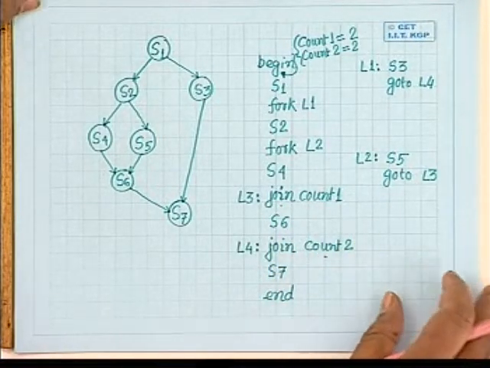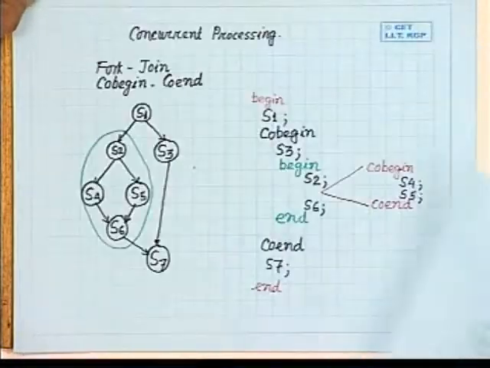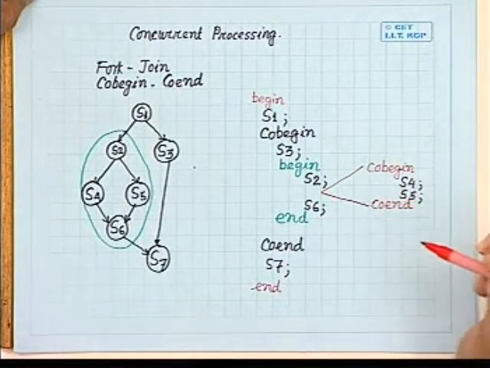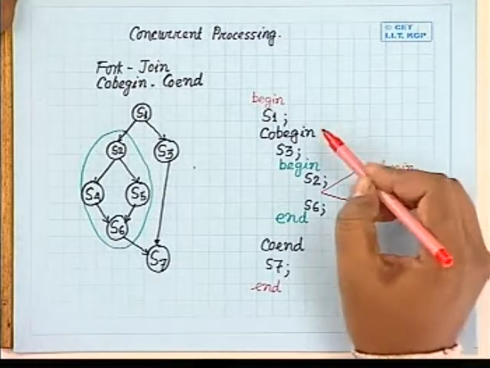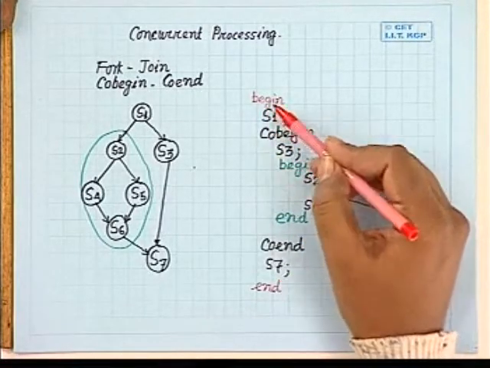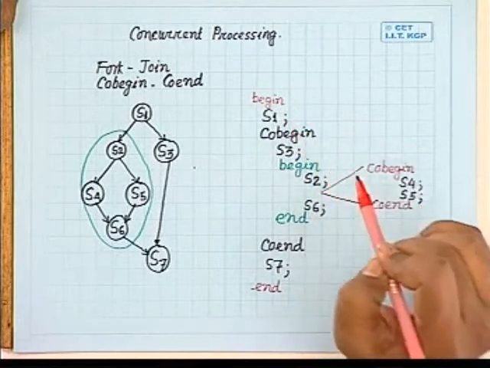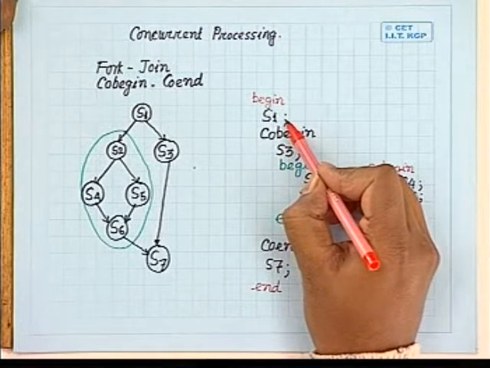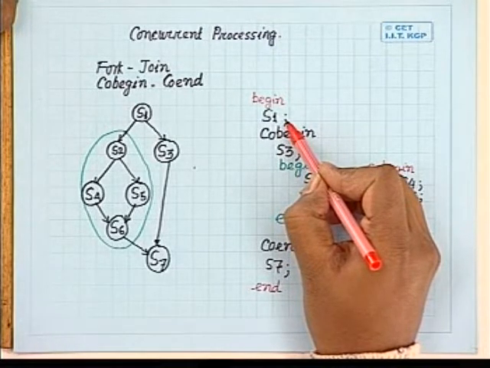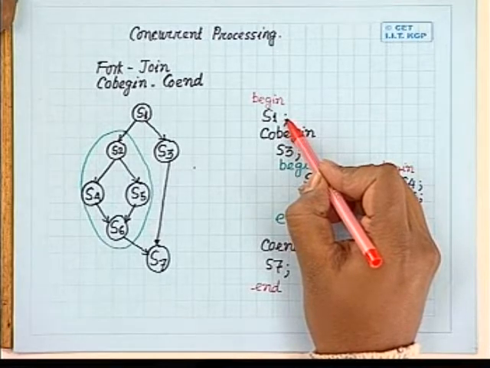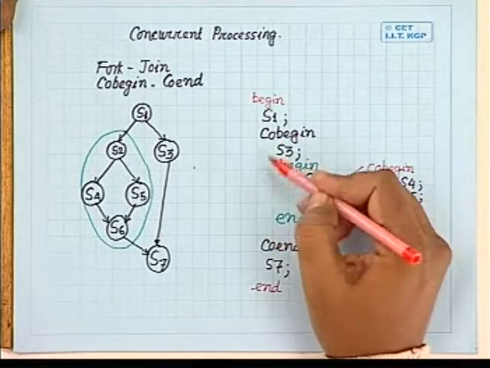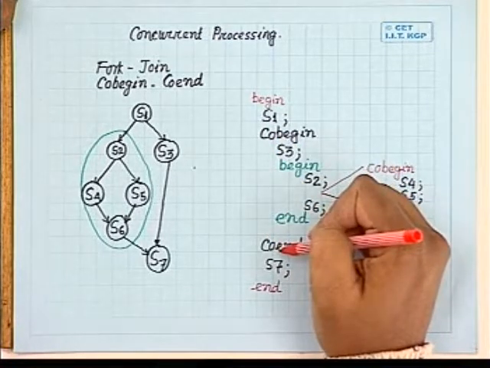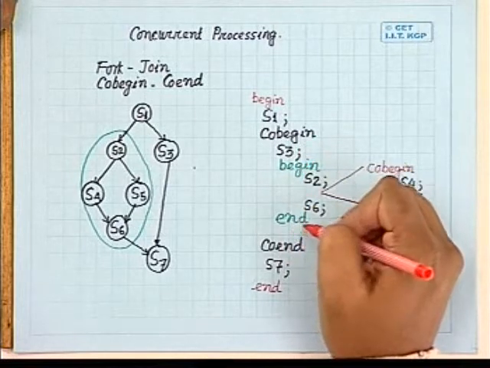In case of co-begin co-end, the situation is different. Here we have distinct parent processes and distinct child processes. When I start the first co-begin co-end, we create a parent process, that is a single process. The parent process executes statement S1. After execution of S1, the parent process finds a co-begin co-end structure and creates the required number of child processes.